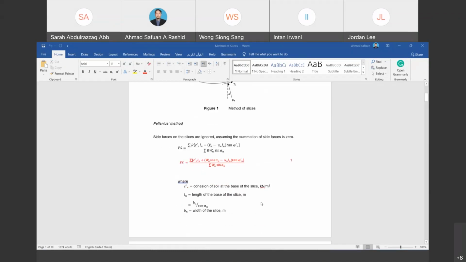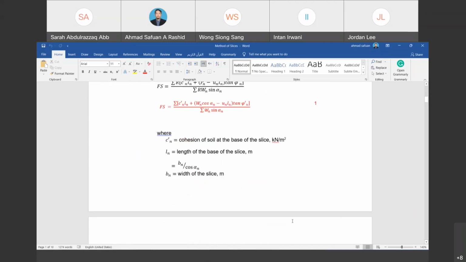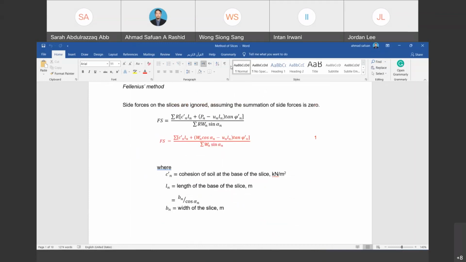From there, we look at the notations for each equation. C is the cohesion. L is the length of the base. The length of the base of the slice is equal to B, the width of the slice, over cos alpha.